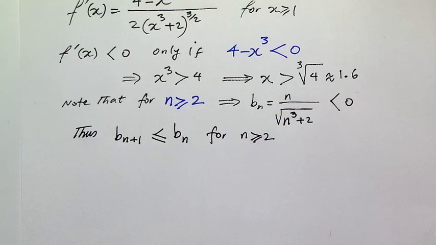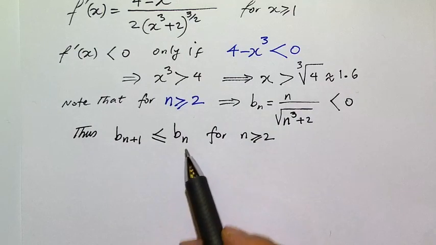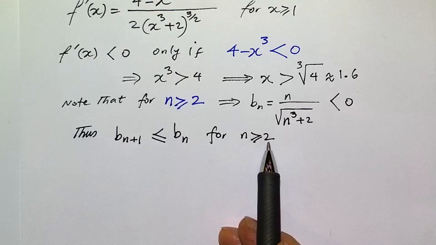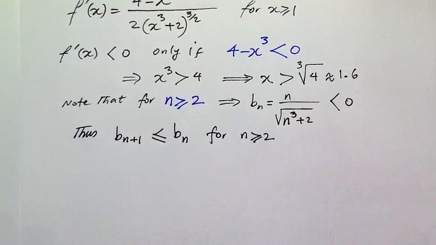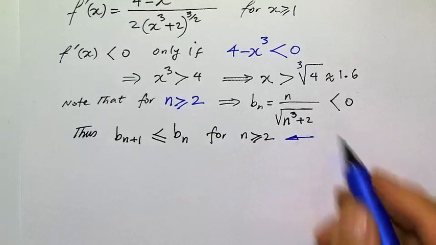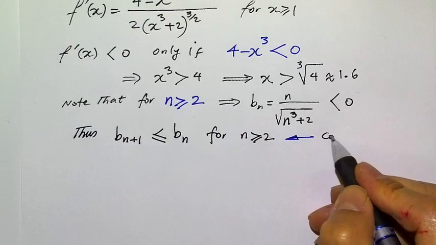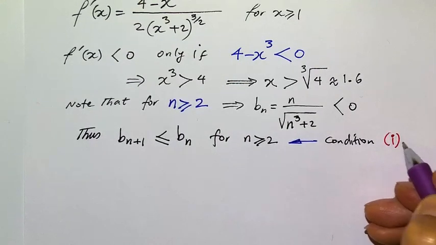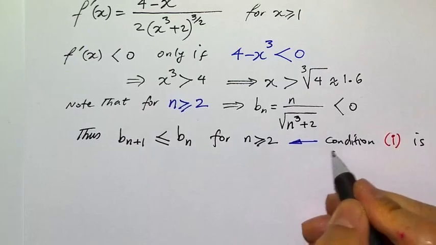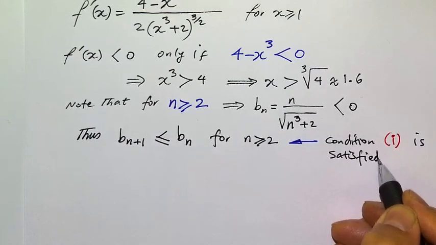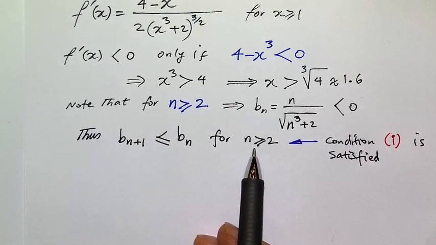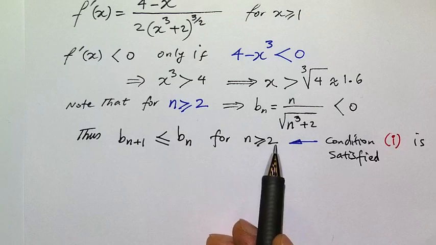Okay? So this satisfies condition 1 of the alternating series test for n values equal to or larger than 2. So condition 1 is satisfied. So the bn's are decreasing for n values greater than or equal to 2, which is good enough for us.